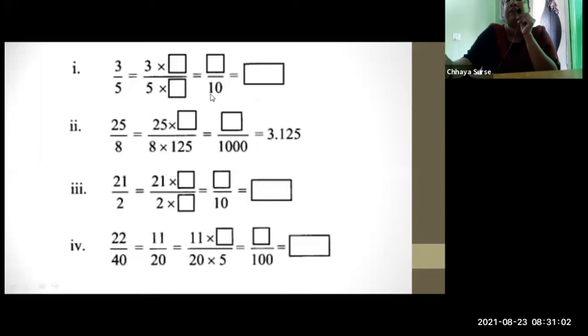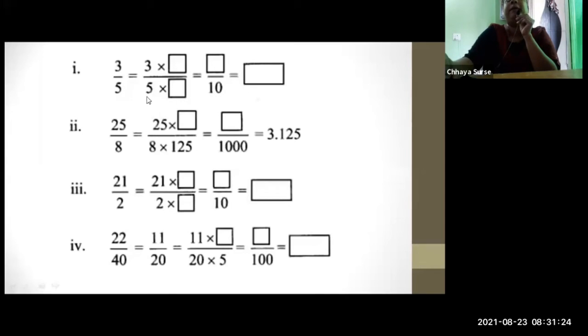A power of 10 is one having as many 0s: 10, 100, 1000. Clear? But this number is 5. We want to convert it into a power of 10.